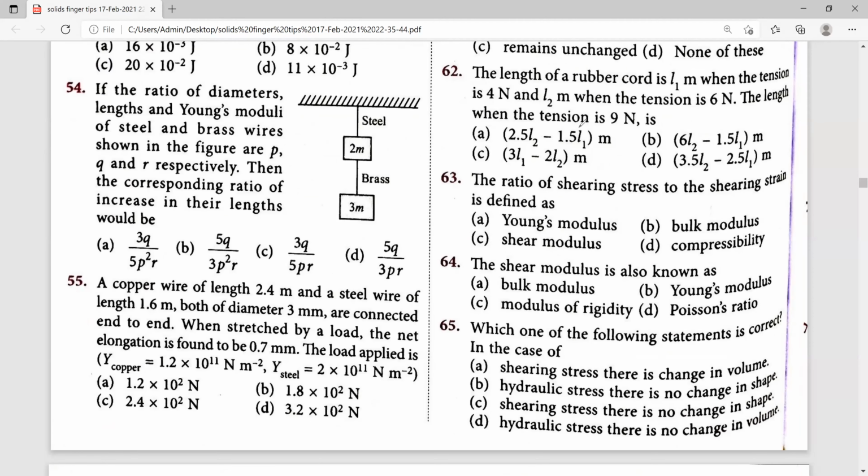54th one, the ratio of diameters, length and Young's moduli of steel and brass wire, that is already shown in the diagram itself.